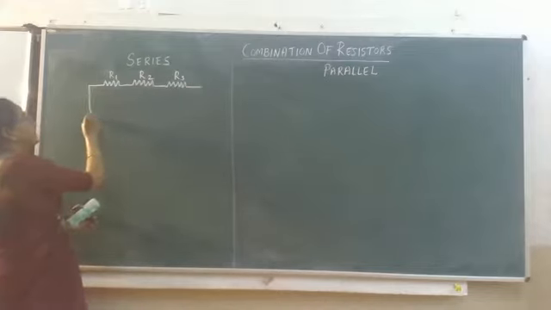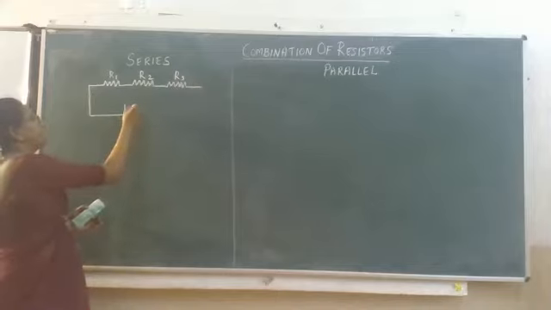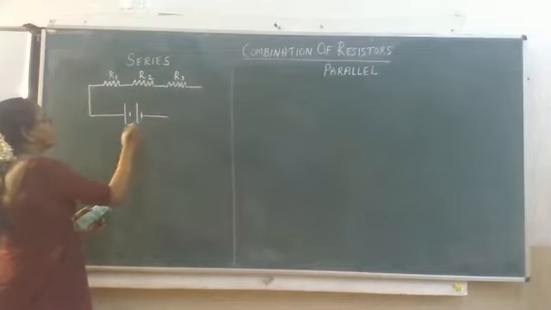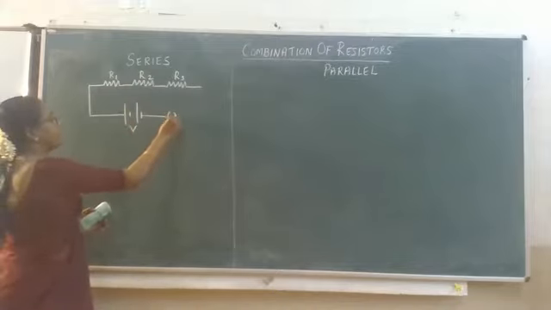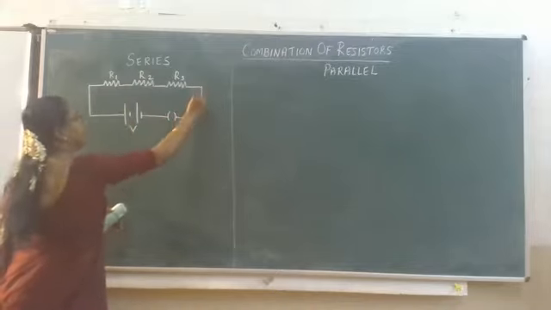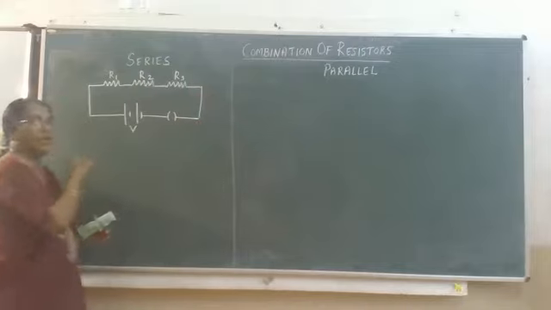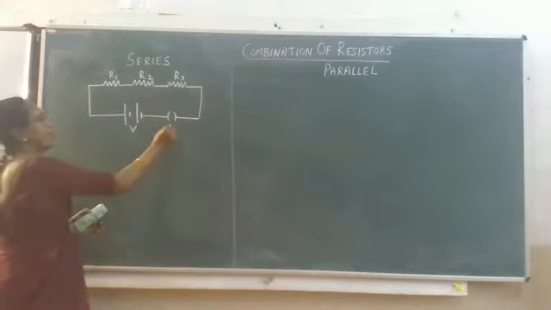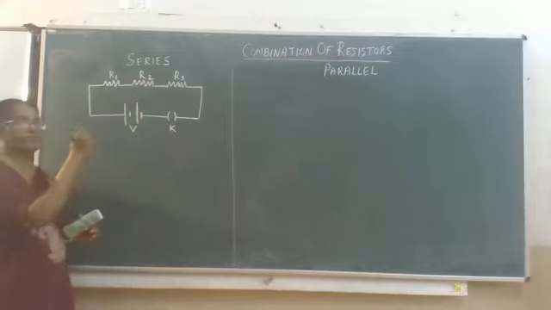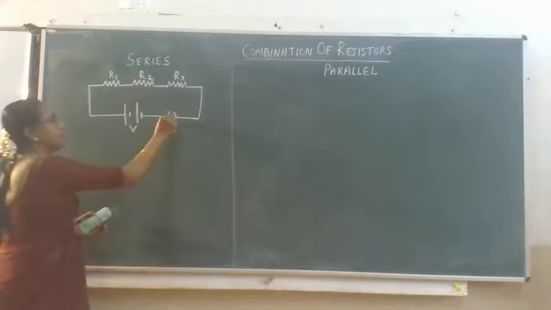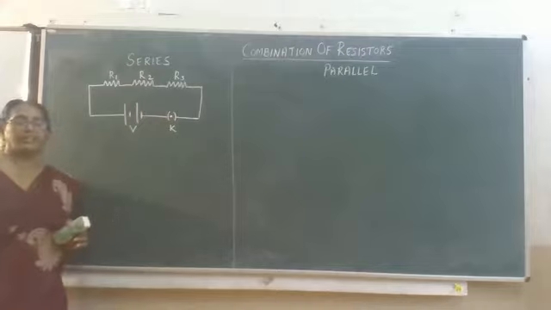It is connected to a battery of, let us mark, V volt, and the battery is connected to a key. The key is connected back to the resistor R3. So this is an open circuit. If you want to make the current flow through a circuit, as I told you, you have to put a dot mark here. Now this is a closed circuit.